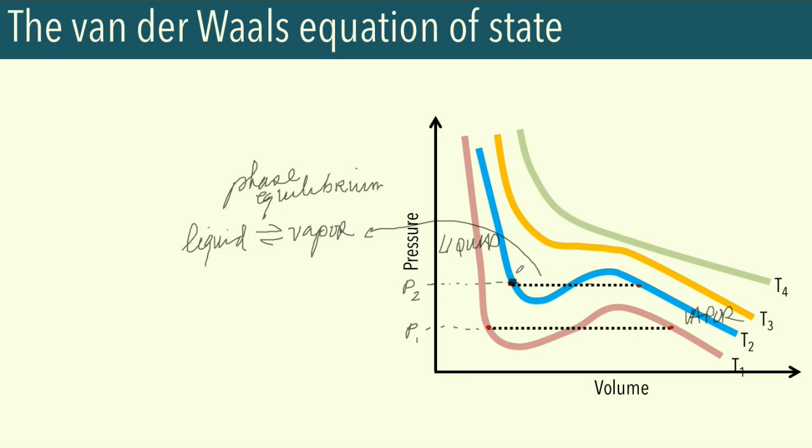This part over here corresponds to the molar volume of your liquid, and this part over here corresponds to the molar volume of your gas. All right, so same thing goes over here.